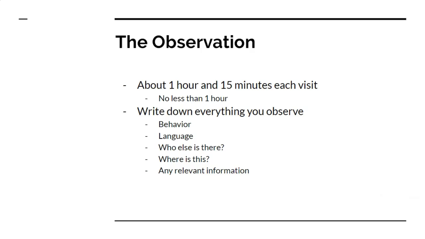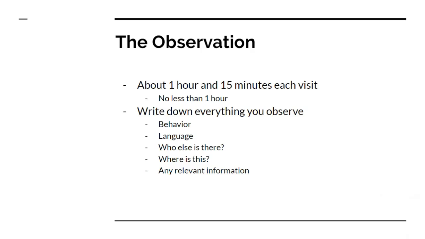Is there a caregiver that's there? Is it a parent? Is it another relative? Is it a teacher? Who's there? Other children. You also want to write down where you are doing your observations. That's always a great place to start, just setting the stage for where you do your observation.